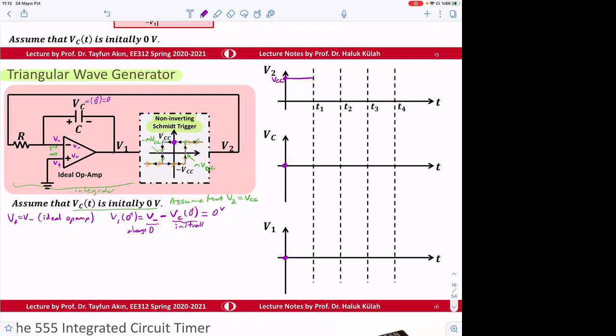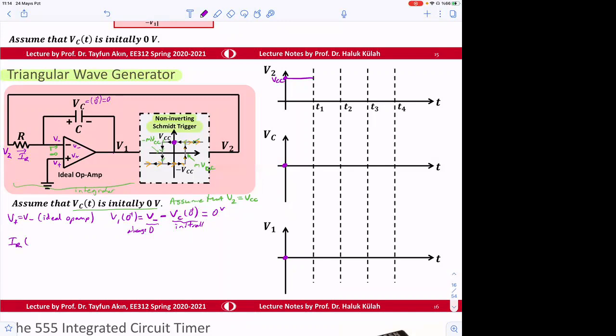So here, we know that due to that V2, okay, so this is V2 voltage, V2 is VCC. Therefore, there's going to be a current here. So that current will be a fixed current.